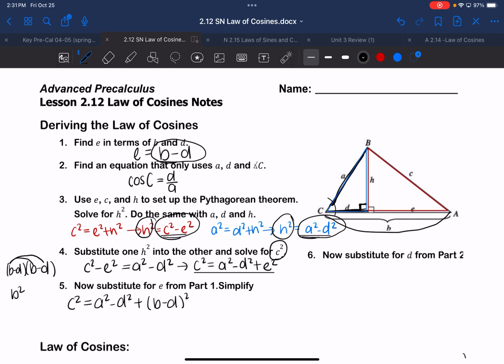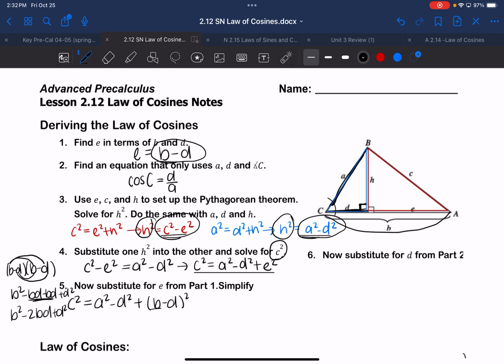And what's B times negative D? Negative BD. And what's negative D times positive B? Negative BD. And what's negative D times negative D? Positive D squared. All right, could I simplify that any further? Right, those are like terms, right? So this would be B squared minus 2BD plus D squared, right?